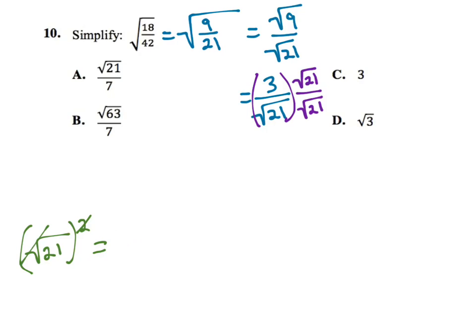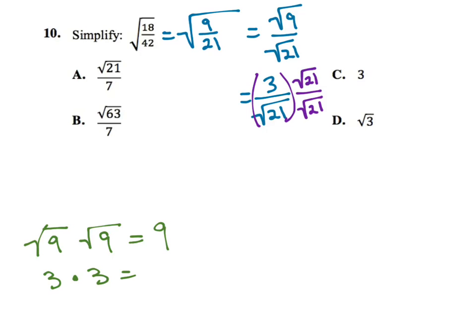21. Or another way to look at this is if I had radical 9, times radical 9, that's equal to 9. And if you want proof, what's radical 9? 3, right? 3 times 3 equals 9. It works out, because they're opposite operations.